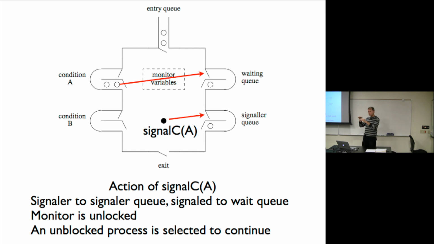And what happens is, when a wait is executed, that causes the process that executed wait to block, and when signal C is executed, everything is still blocked. But once everything is still blocked, at that point, the monitor has to pick which one to unblock to then be the single thread that's executing a method in the monitor. Now, does that answer your question?